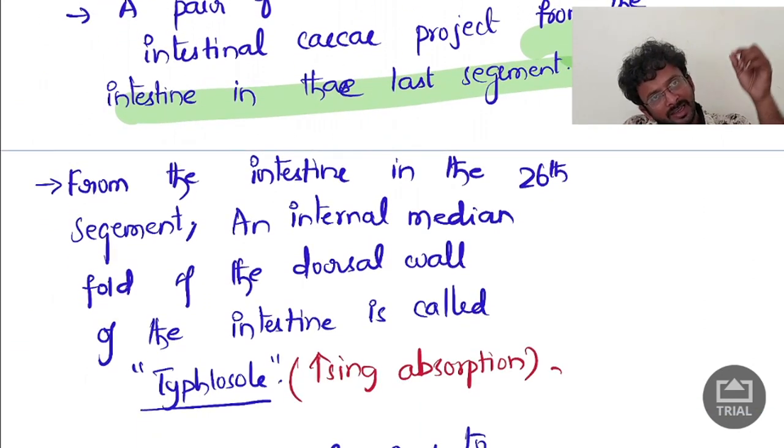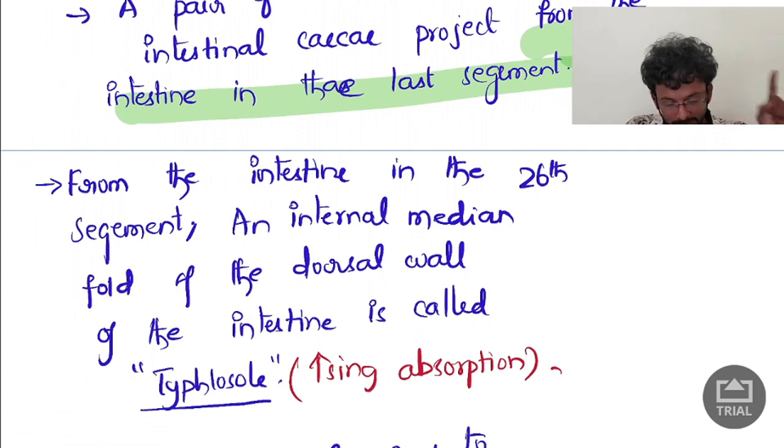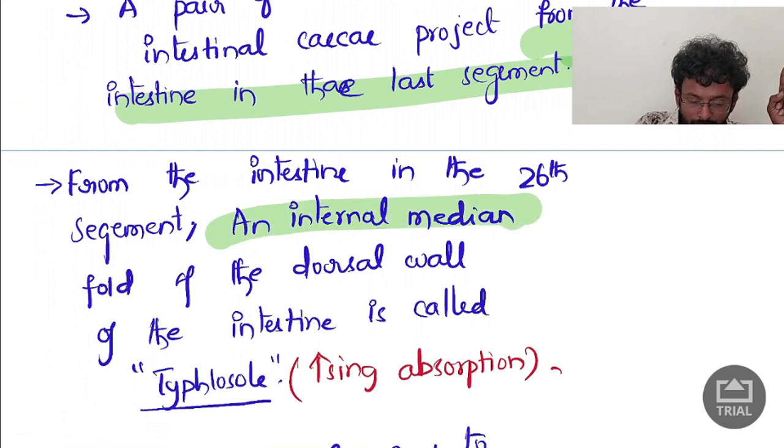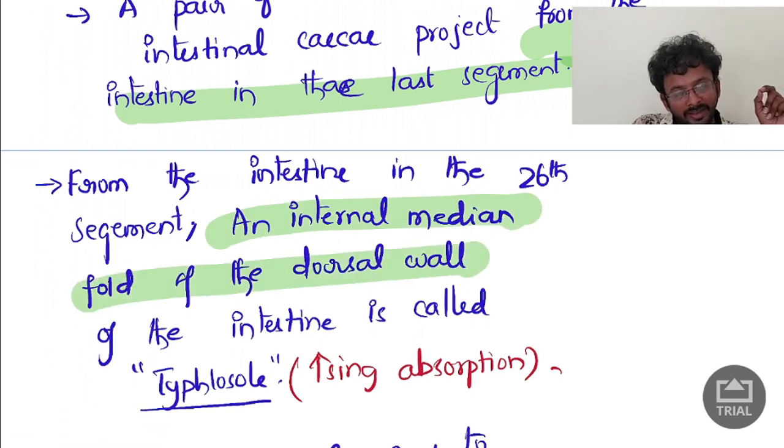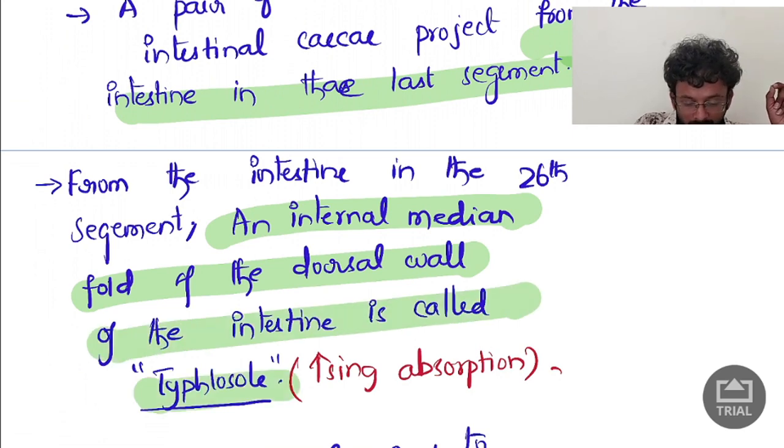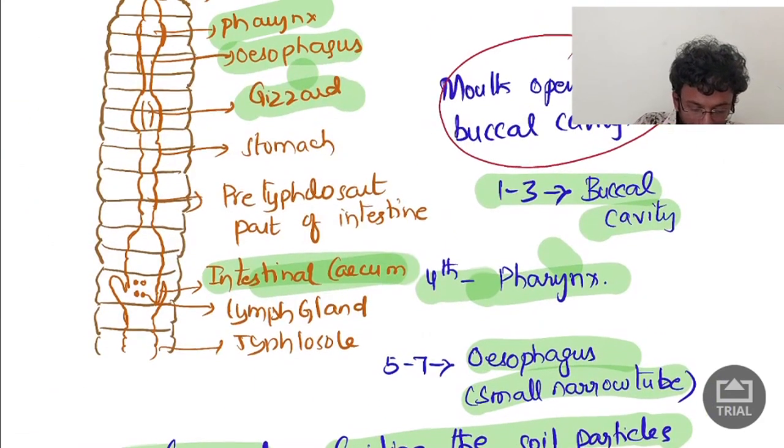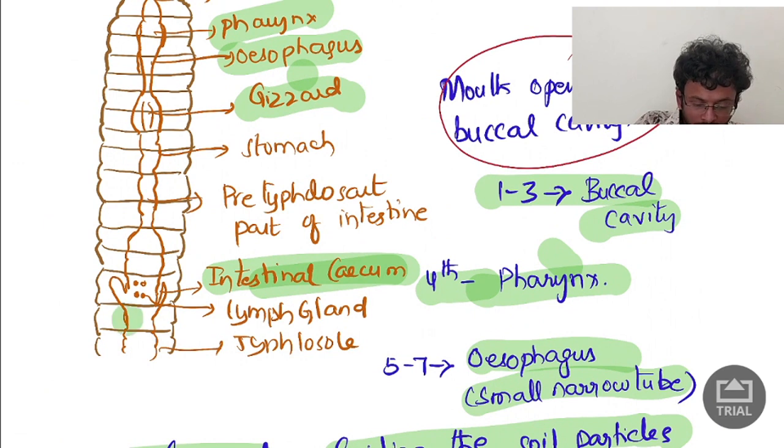From the 15th segment to the last segment, the intestine is present. At the 26th segment, I repeat, my dear students, an internal median fold of the dorsal wall of the intestine arises, which is called the typhlosole.